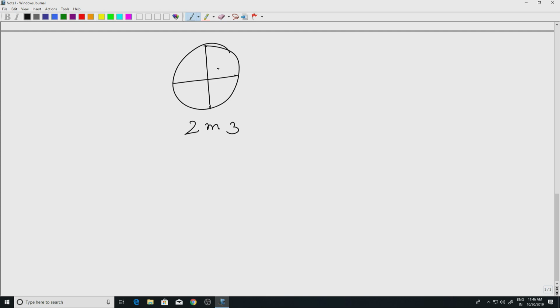Okay, so you get this 2 3. Then you put a mirror here. Now we'll go to this 3m.